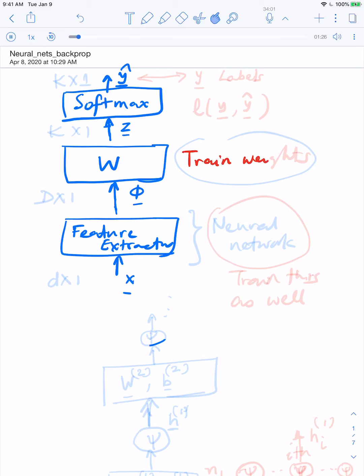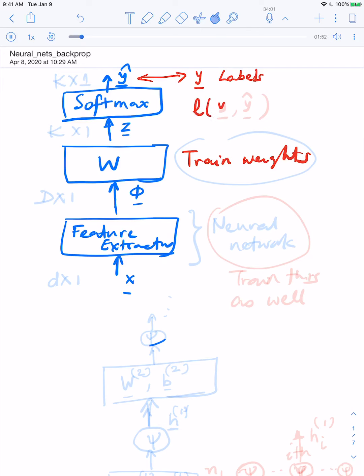Train the weights to optimize some cost function by comparing this with the labels. The labels are given, and there is the standard term that is used a lot in the neural net literature, a loss function.